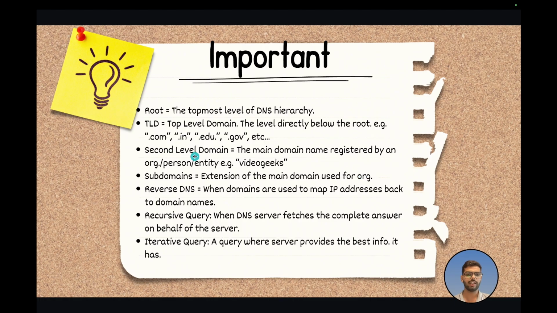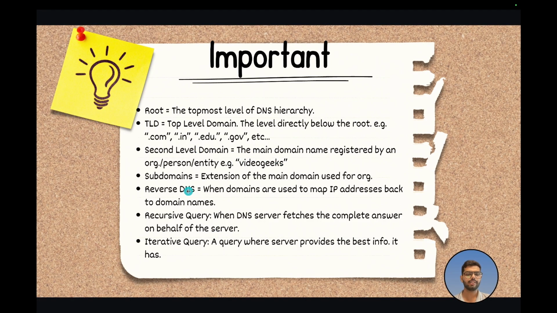Those are second level domains. Subdomains: this is an extension of the main domain used by an organization, something like abc.videogeeks.in or xyz.videogeeks.in. That abc and xyz are referred to as subdomains.